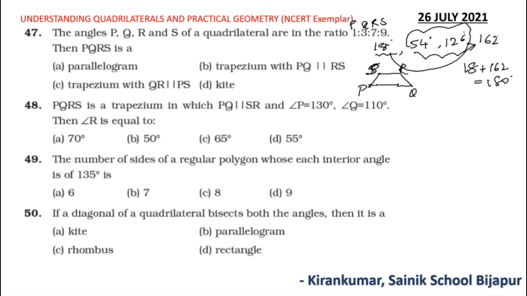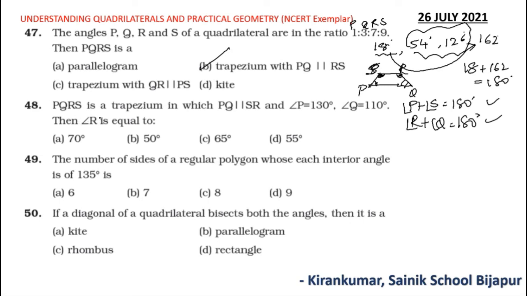PQRS. Sum of P and Q is 180. P and S will be 180. Sum of these two and sum of these two, they are 180 degrees. P plus S is 180. R plus Q is 180. This is what we have done here. So option B is the right answer.